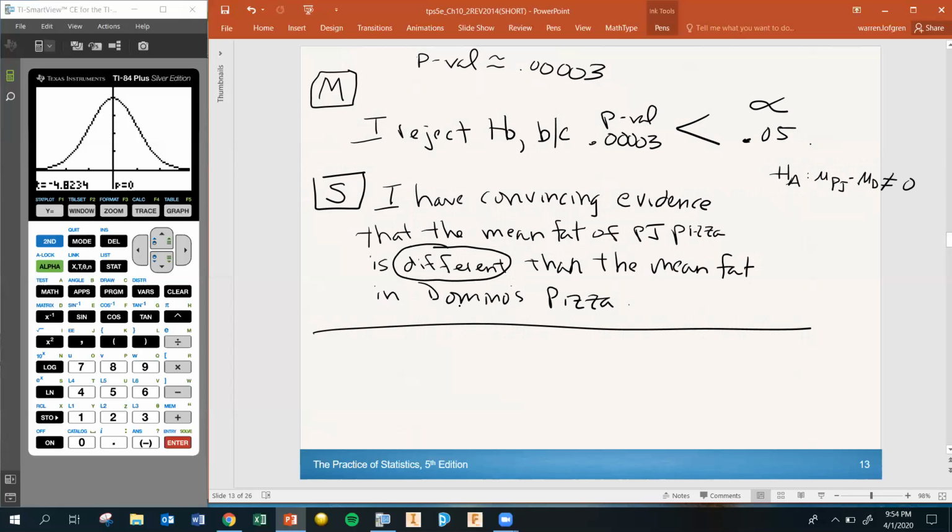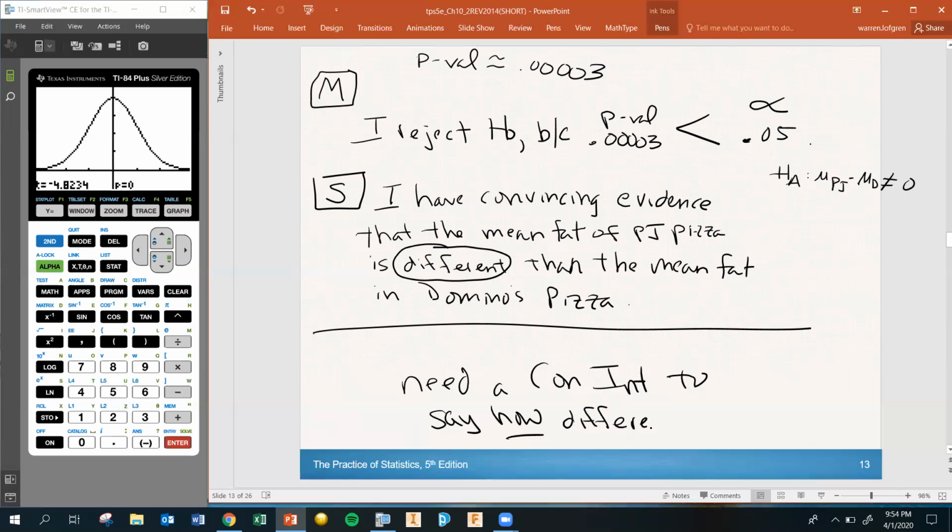How much lower is it? And that's where you need a confidence interval to kind of say how different they are. And that's what we'll do in the next video. So I'm going to stop this video here, and we'll pick up the next one with a confidence interval.